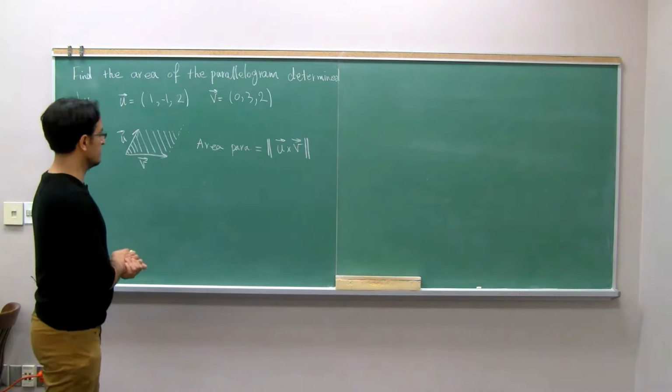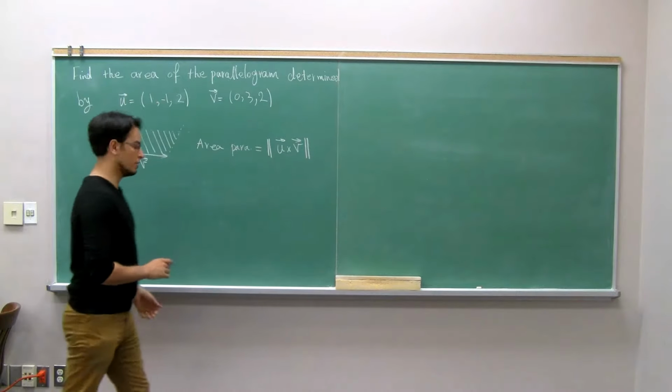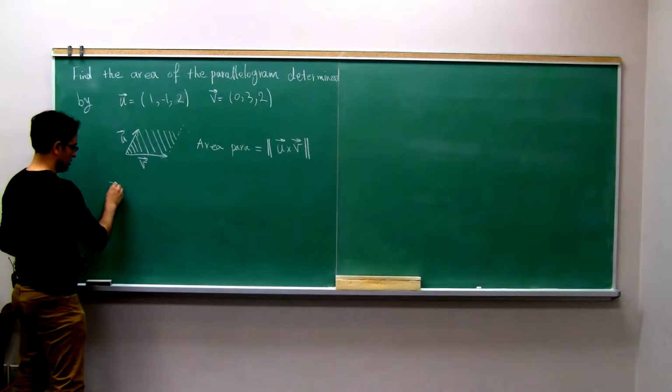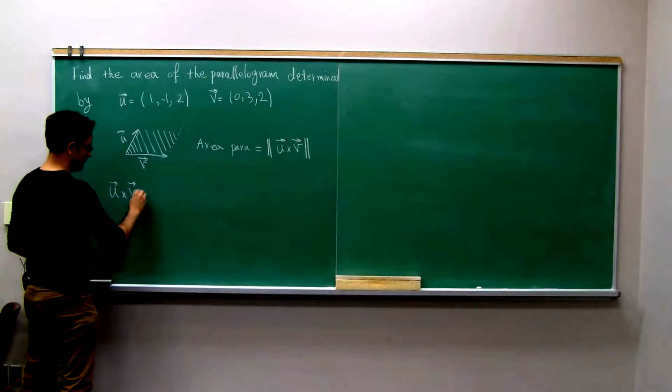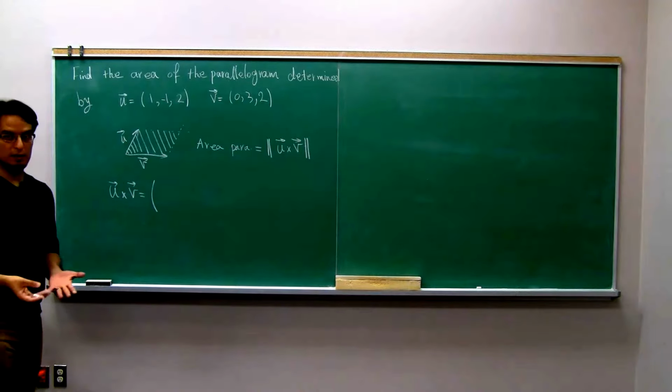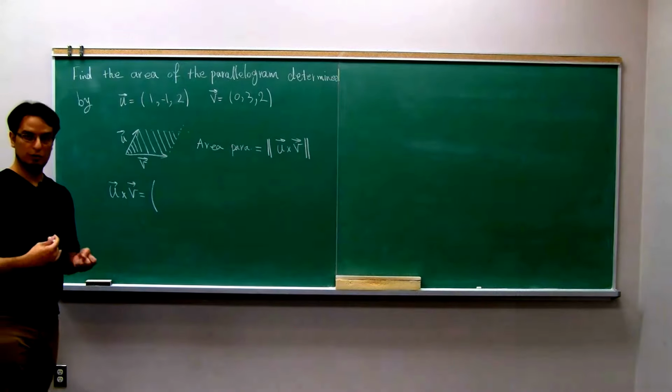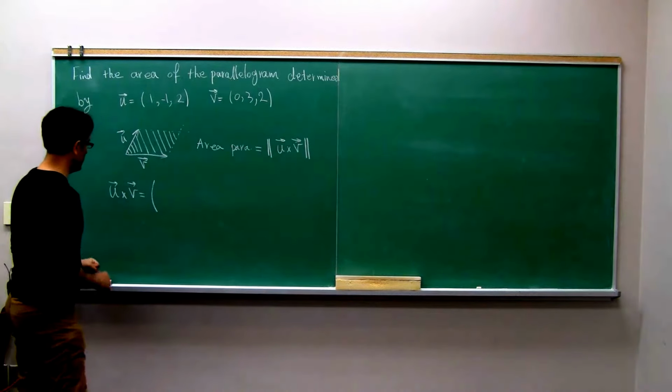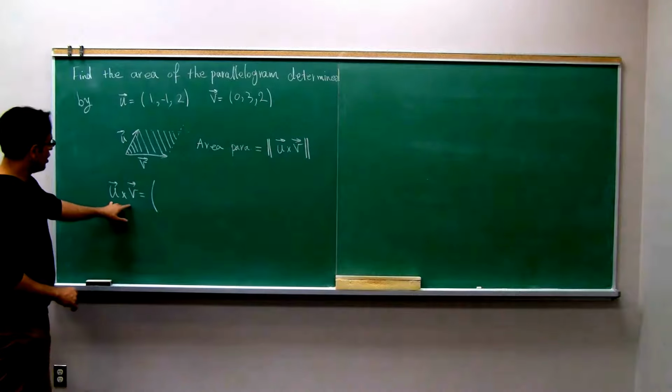Let's then find the cross product of u and v. So it's a vector. You have to know how to do a cross product. Let me show you for this specific case.